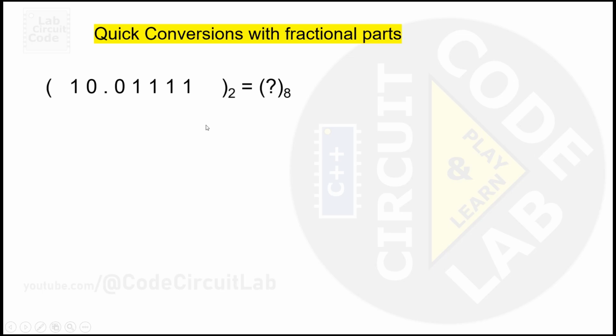So first we start grouping. The integer group and 2 fractional groups that we have here, we need to add a 0 to make it a group of 3, and we need to add another 0 to the right side.